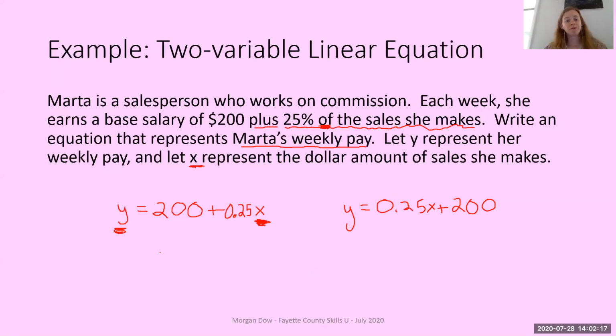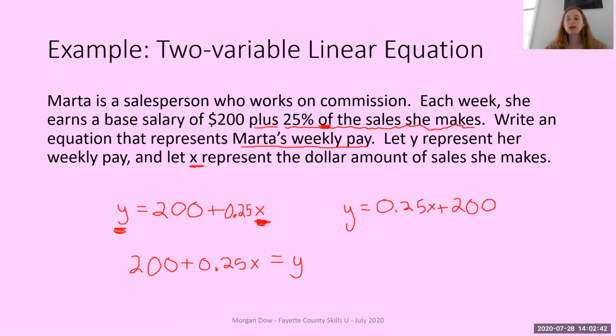So you could say, well, what goes into Marta's paycheck? Well, it's the $200 plus the cut of the sales that she gets. And that results in her total pay. So we can flip the two sides of the equation.